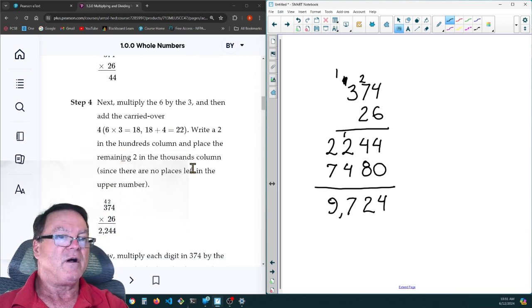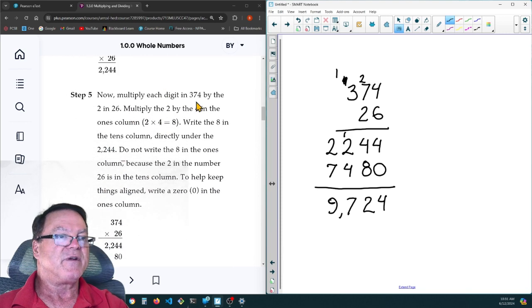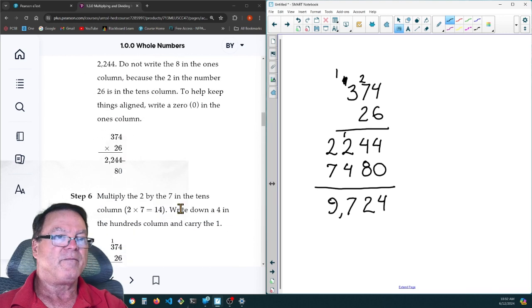Next, multiply, and then we write that down. Now multiply each digit in 374 by the 2 in the 26. Multiply the 2 by the 4 in the ones column. Write the 8 in the tens column. Remember, that's why we put that placeholder. We put that 0 in there, that placeholder, in order to remind ourselves that the answer of 2 times 4 is 8 is written in the tens column to help keep things aligned. Write a 0 in the ones column.